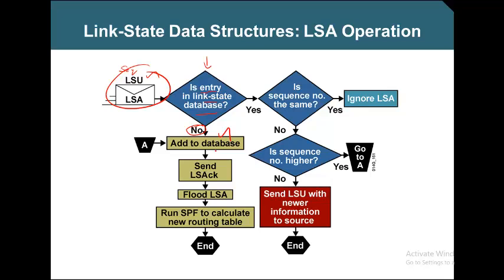Because it's the first time, the local database will be empty. So when there is nothing in the database, you just add whatever comes into the database and send the acknowledgement to your neighbor who sent it to you. Whoever sent you this, you send a thanks message, an acknowledgement.